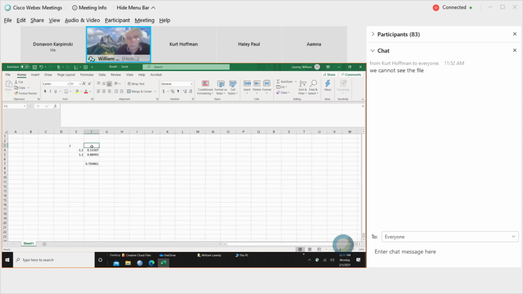This is the probability that a random variable with a standard normal distribution is less than or equal to Z.